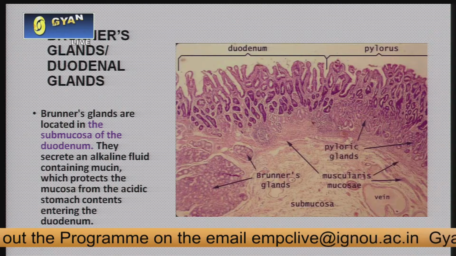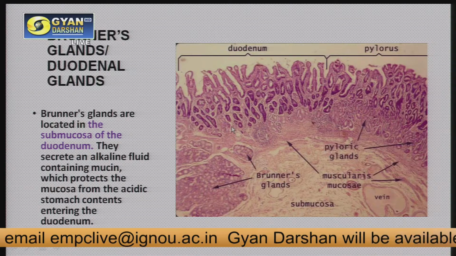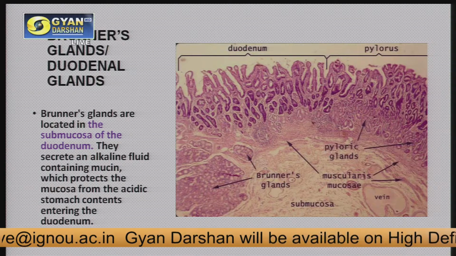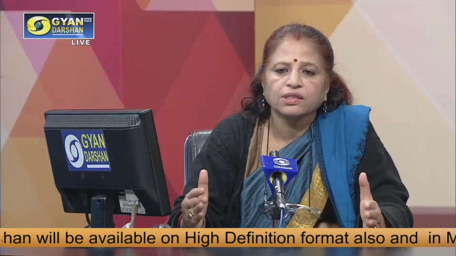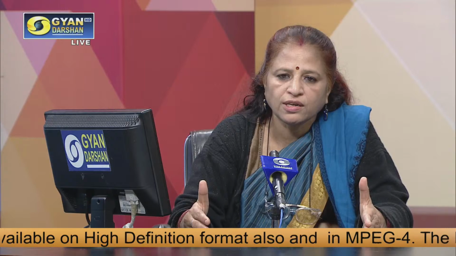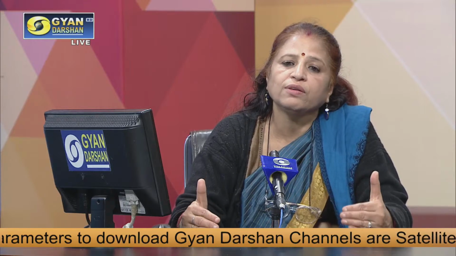And in these muscular layers, you must know that some of the layers which are very important are muscularis mucosa, submucosa, and muscularis externa. These are the important layers which are present in most of the organs. But their structures may be different when we go from one organ to another organ.